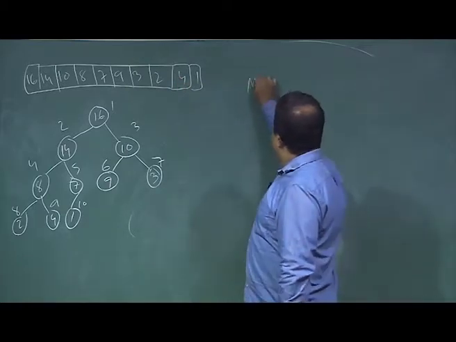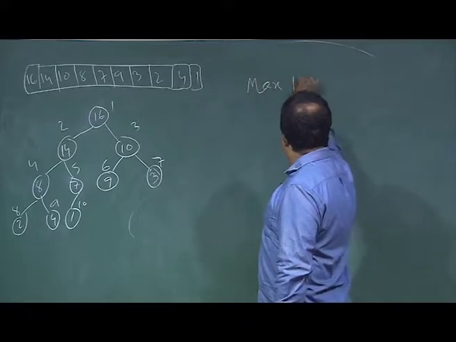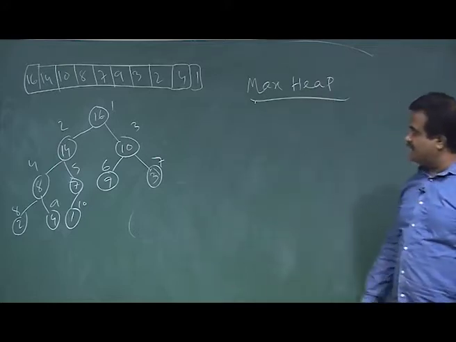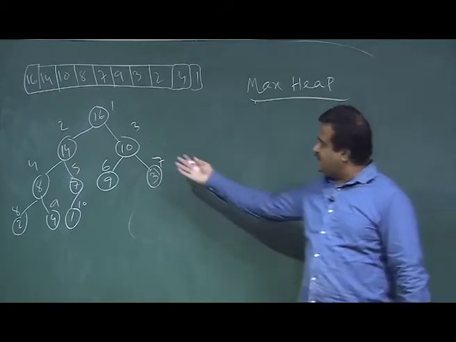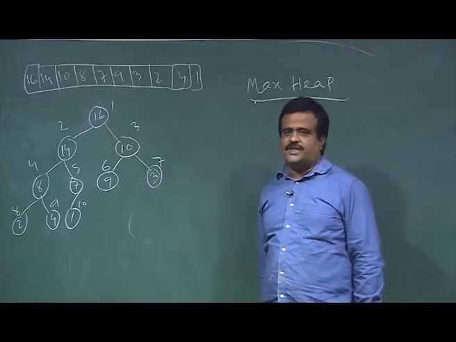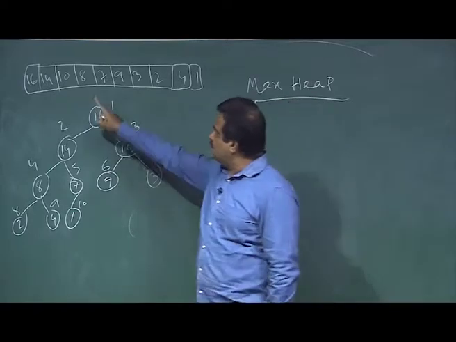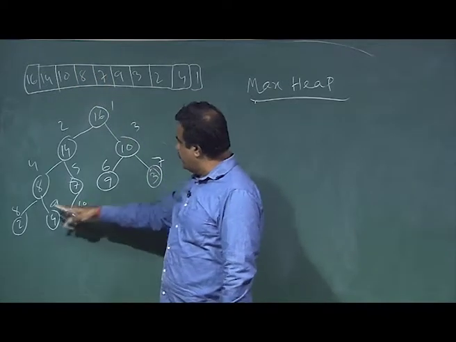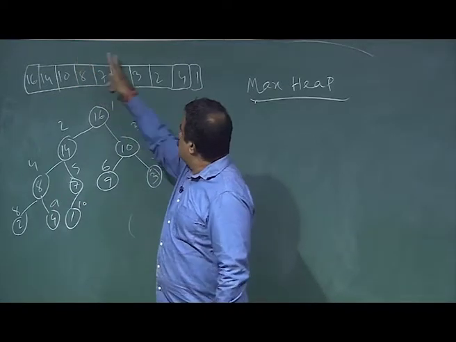So, the definition of a max heap is that each element is greater than its child. We take an element, say the ith element, and it should be greater than its children. For the ith element the children are 2i and 2i plus 1.